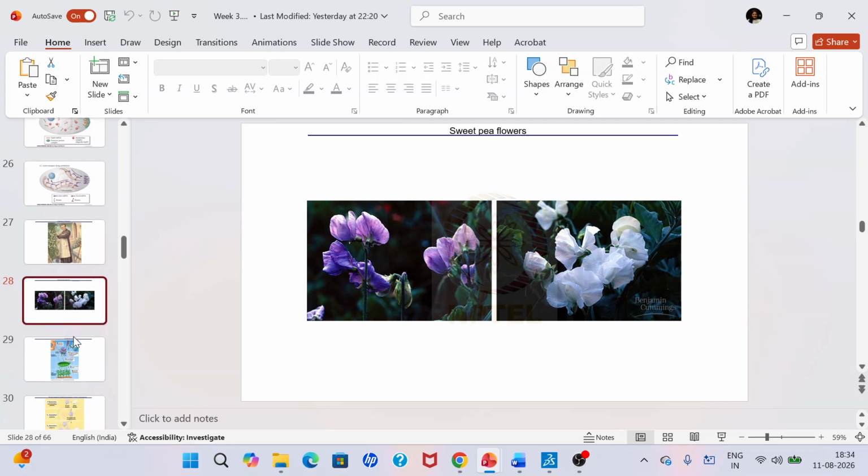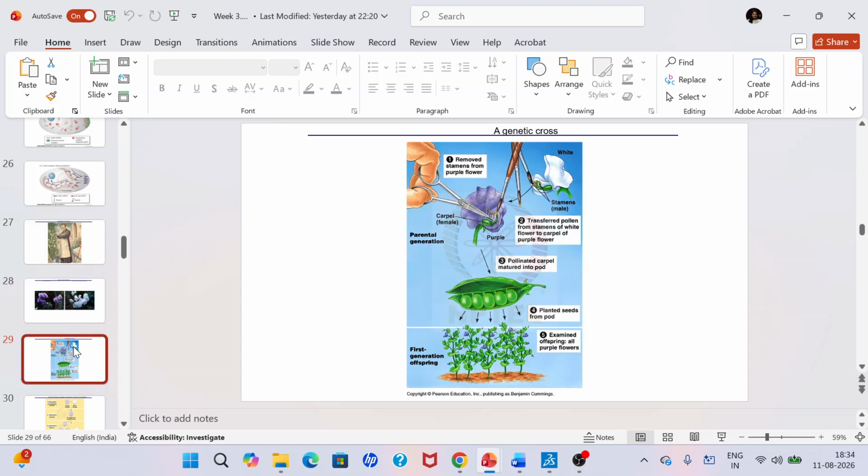He chose them because obviously maintaining them was easier, and it is a bisexual flower, so it has both the male and the female parts. And obviously the generation time, the generations that it needed to study the expression of a particular gene, was lesser. So yes, that is why he used sweet pea flowers for his study.